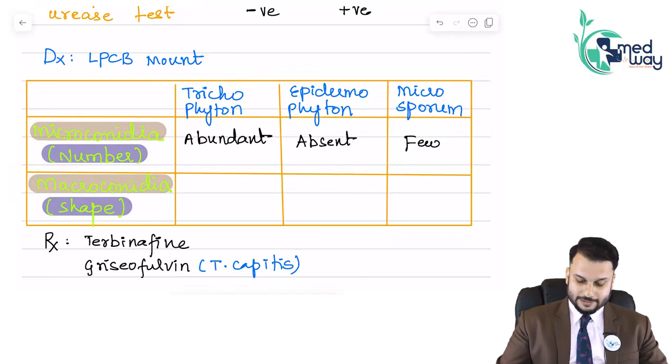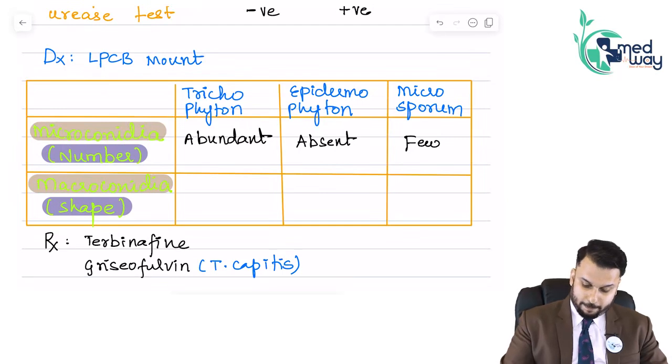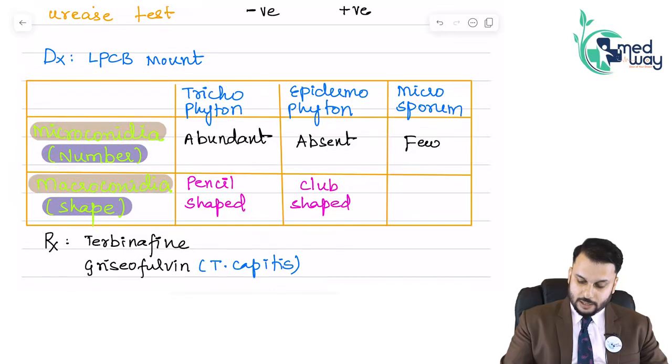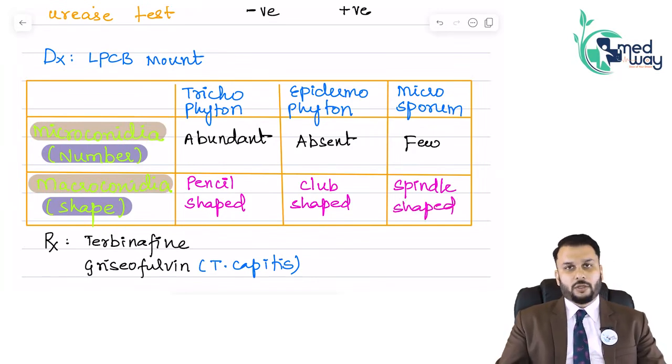You got to know that the shape of the macroconidia is going to be pencil shaped when it comes to Trichophyton. Next, Epidermophyton is going to be club shaped. And finally, Microsporum is spindle shaped. Usually, 90% of the time, if they're asking you the diagnostics from here, they love to ask the shapes. They may give you the image and ask you the organism. So you got to know this.